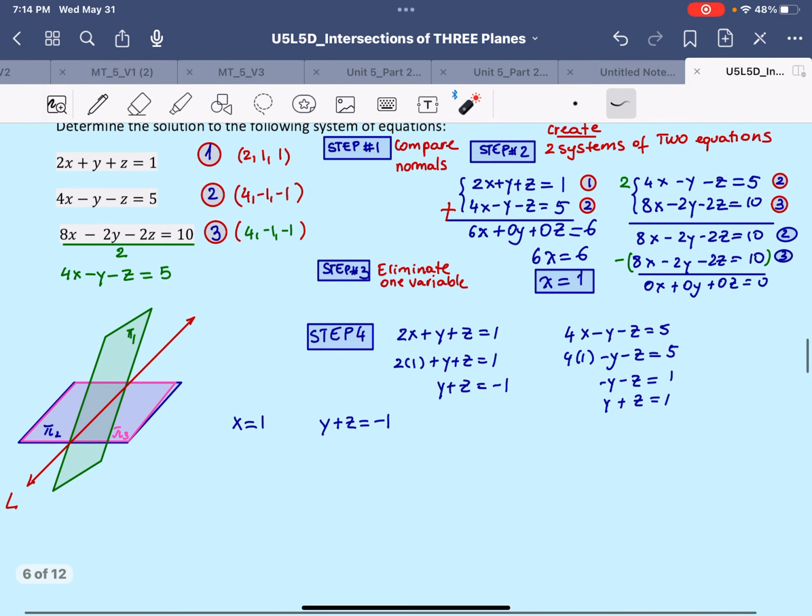Now remember that x equals 1 and y plus z equals negative 1, so these coordinates are all going to be on the line of intersection because we found these relationships by combining all 3 equations together. So when you think about the variables y and z, there is no possible way to list all the possible values of y and z because there is an infinite number of ordered pairs y and z that can satisfy this particular equation.